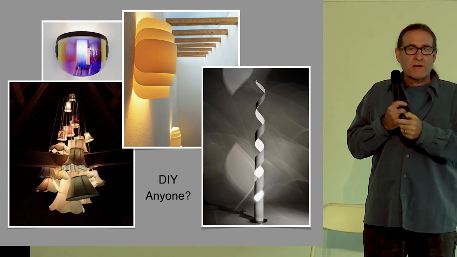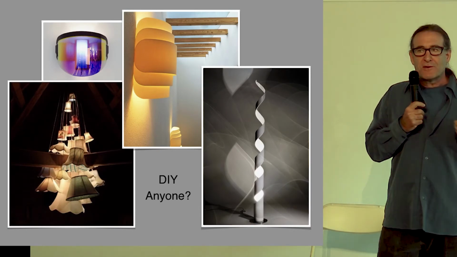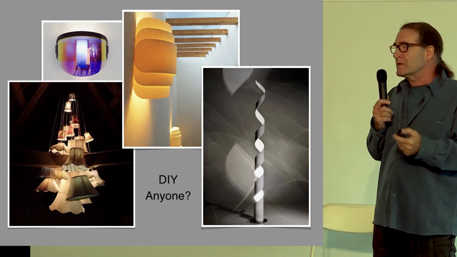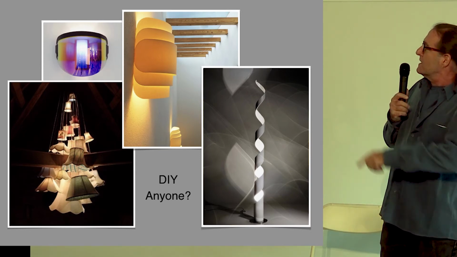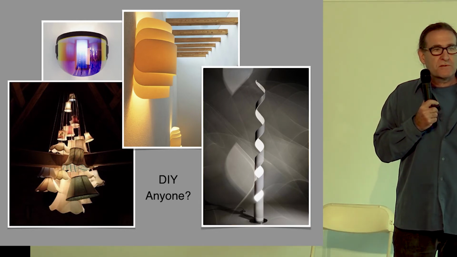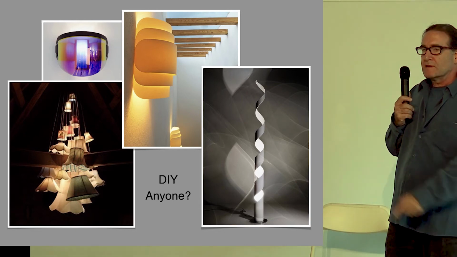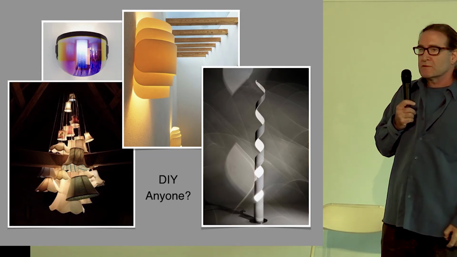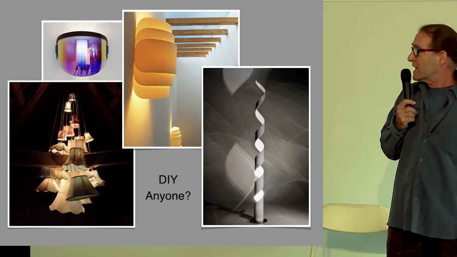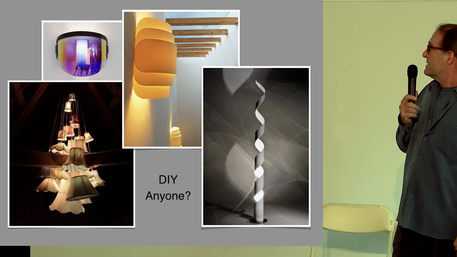And I don't want to forget about DIY. There are a couple of good examples here of lights that were built by owners. There's a ski mask that was turned into a wall sconce. The collection of linen and paper shades that were turned into a cluster became a giant chandelier.